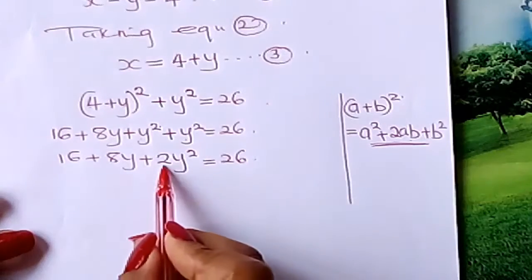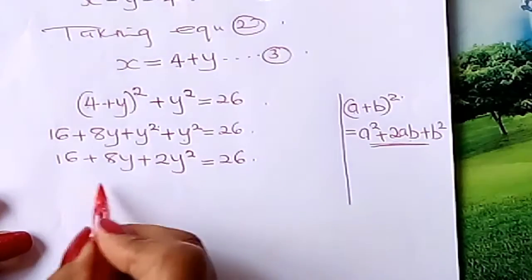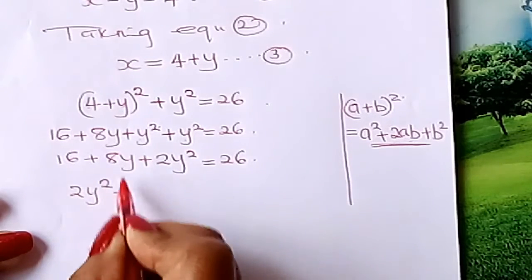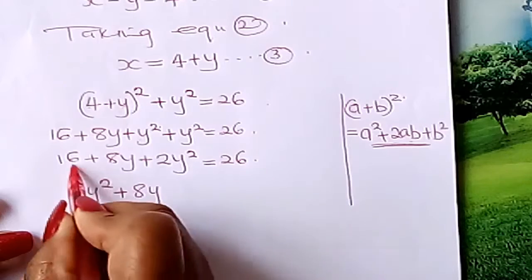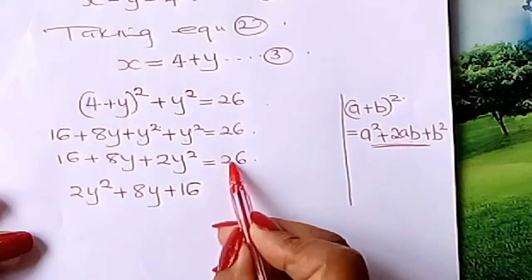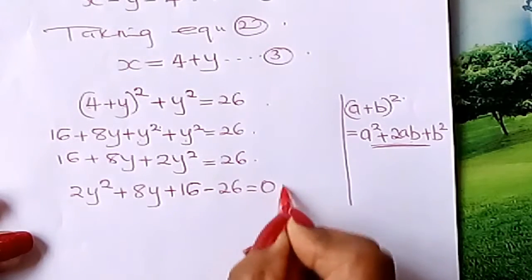From there, learner, this is quadratic. Once you see this power here, square, you can rearrange it now. 2y squared plus 8y plus 16. Then you bring this 26 to this side, it becomes minus 26 is equal to 0.